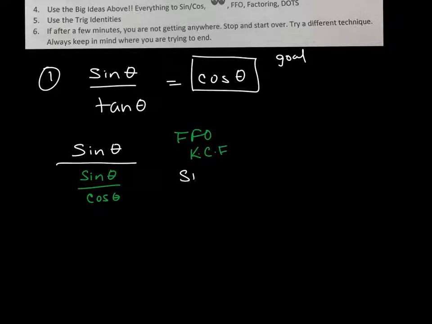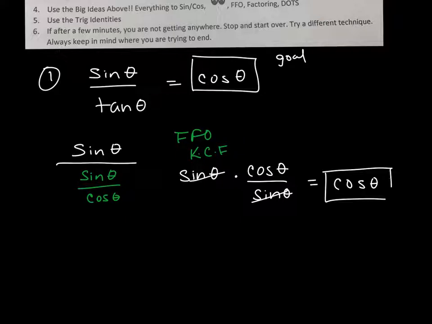So I have the sine of theta, and instead of dividing, I now multiply by the reciprocal of the tangent, the cosine of theta over the sine of theta. That cancels, and that proves that the sine of theta divided by the tangent of theta is equal to the cosine of theta.